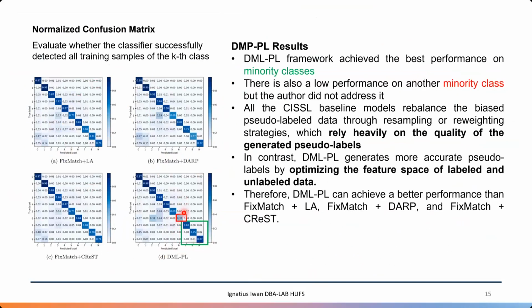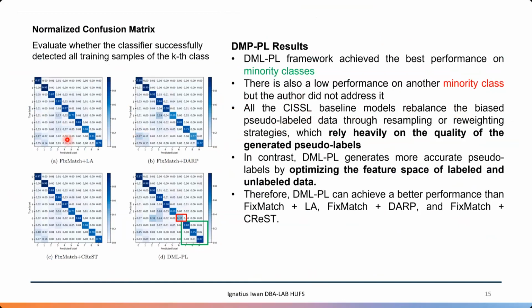And all the CI-SSL baseline models rebalance the biased pseudo-labeled data through resampling or reweighting strategies, which rely heavily on the quality of the generated pseudo-labels, as we see in the background.